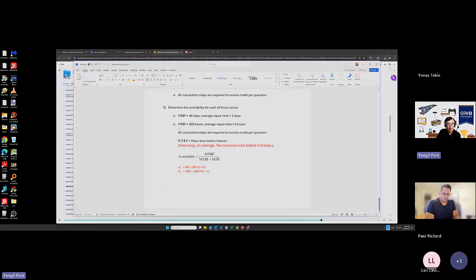Same thing for the second one, 300 over 306, then you get the percent, and that's the percentage of time the machine will run without any problems. So number 5 is pretty straightforward.